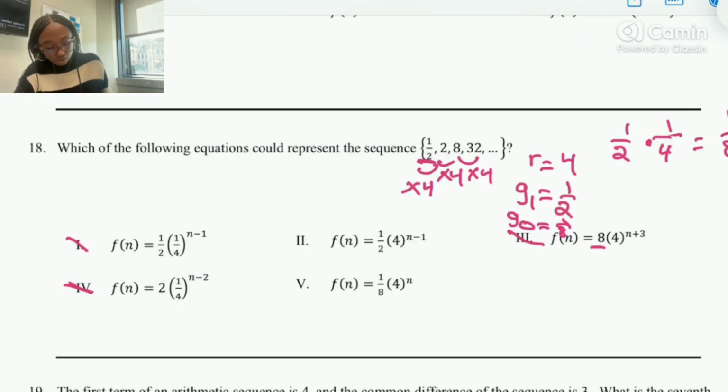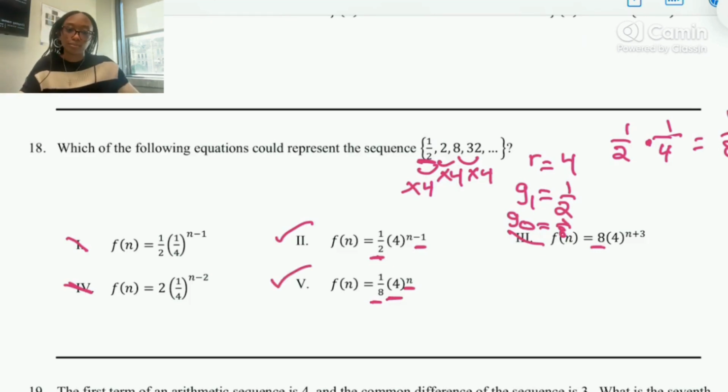So that leaves us with 2 and 5. Looking at 2, our first term is 1/2 and our common ratio is 4. So we know this is correct. Looking at 5, we are starting with our 0th term, and our 0th term is 1/8. And we know that our common ratio is 4, so these are both correct.